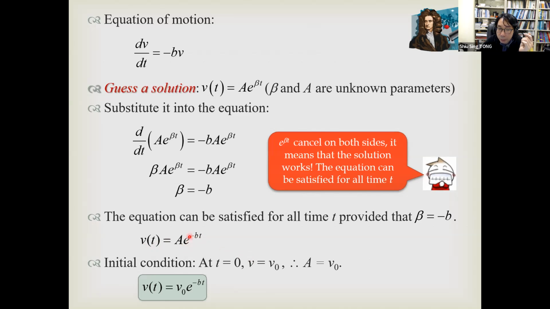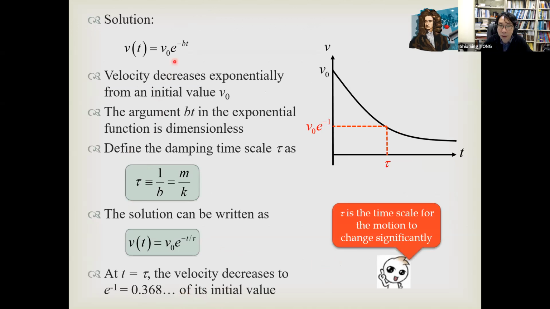But when I put time 0 on the right-hand side, the exponential factor is just 1, and I will get an A. So A is just v0. Okay, so now I have fixed all the constants, and I get a solution as v equal to v0 exponential minus bt. That is my solution to the problem. Now, you look at this solution, you see it makes sense.